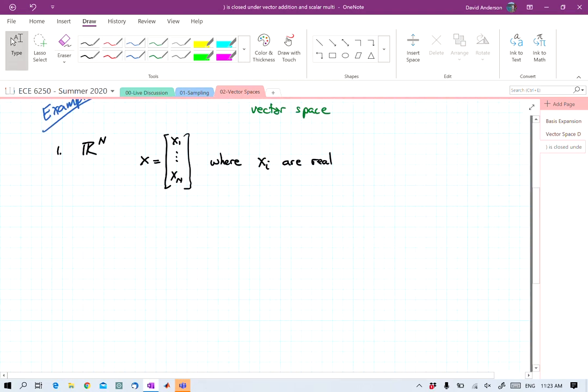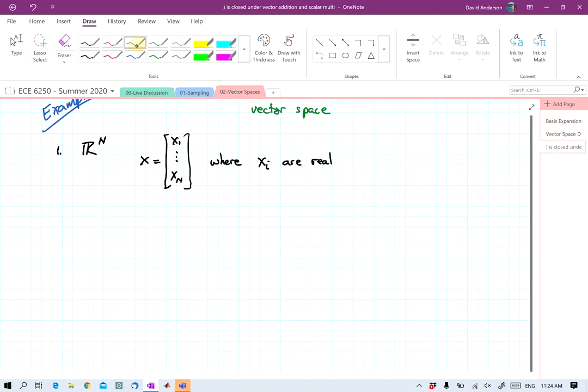Okay, and in order to have a vector space, this is very important. We can't just have the vectors. We have to have the scalars. So what are the scalars in this case? Well, the scalars would be the real numbers.